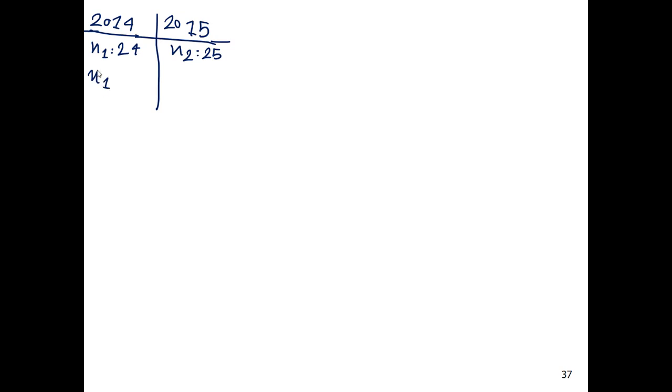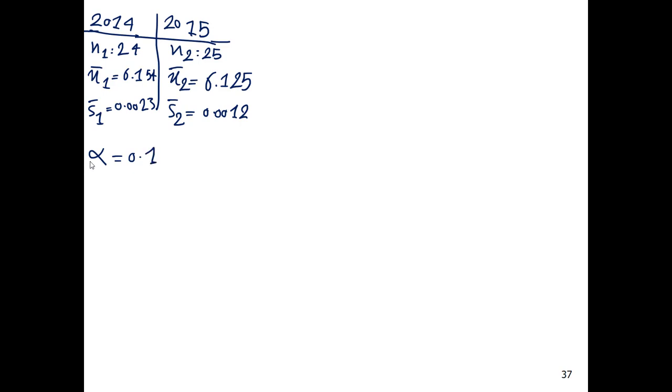The mean in 2014 is 6.154. In 2015, 6.125. The standard deviation in 2014 is 0.0023. In 2015, 0.0012. All right, and the significance level is given, 0.1.